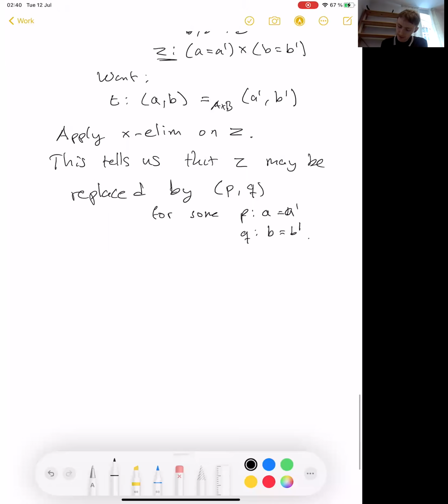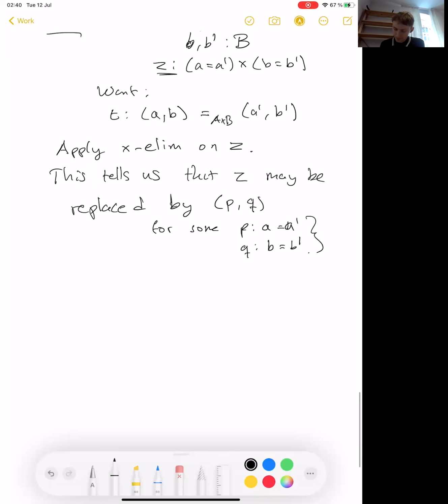And that's nice because now we actually have these two guys explicitly.